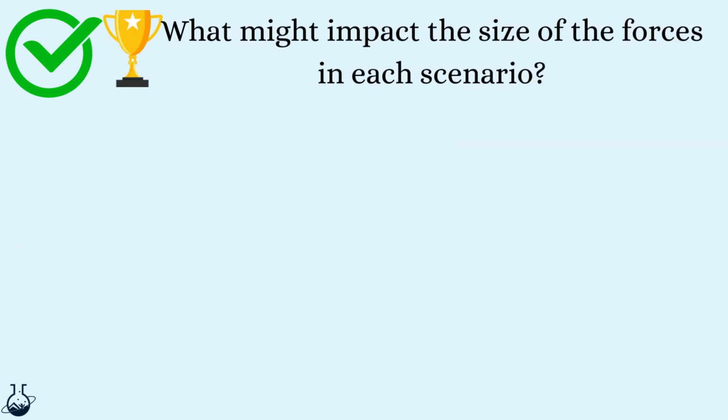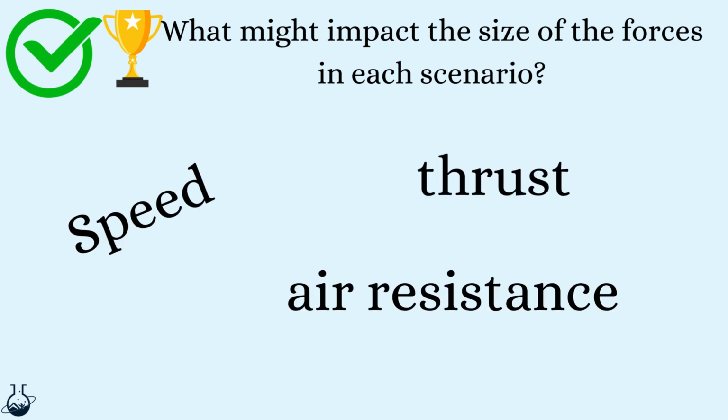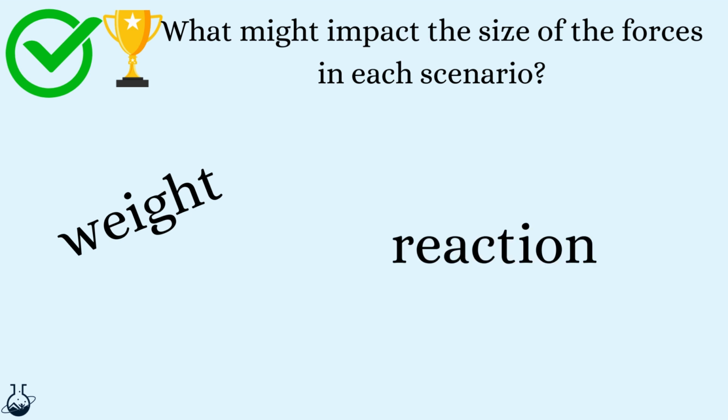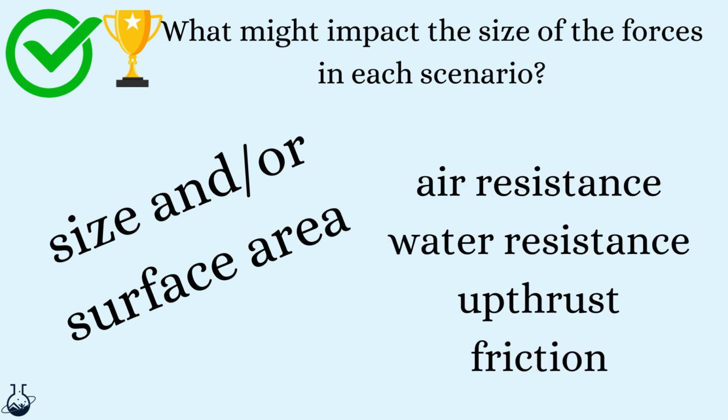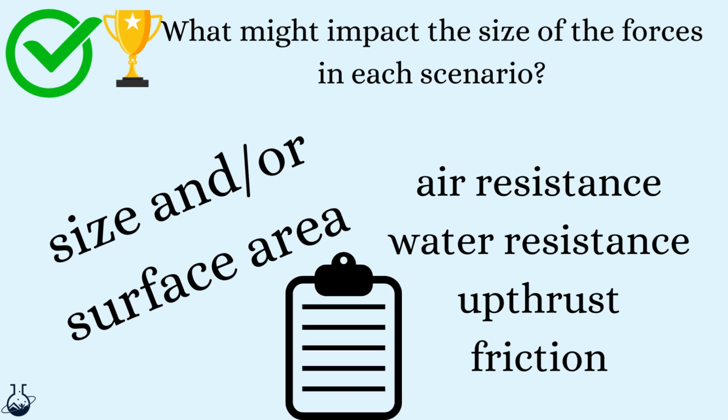If you gave the challenge a go, there is a good list of things that you could have thought of, but some key factors that impact the size of forces in these scenarios might include the speed of an object, which can change thrust and air resistance on it, weight, which impacts the size of the reaction force, the size or surface area of an object, like a boat or parachute for example, which impacts on several forces like those listed. And the list could go on, but those are some key ones.